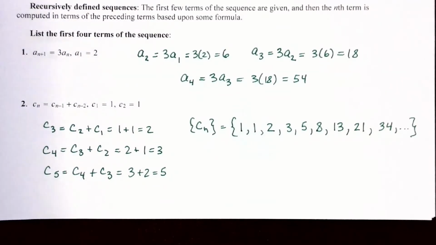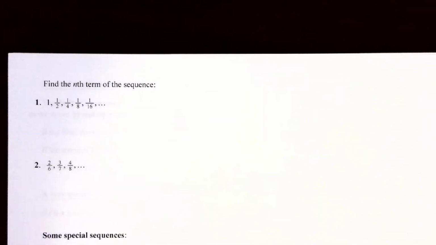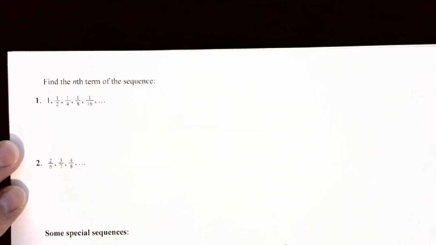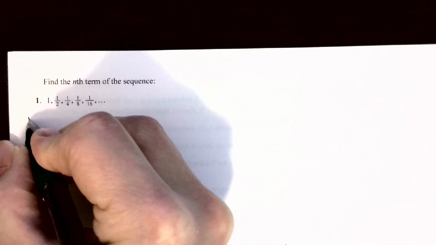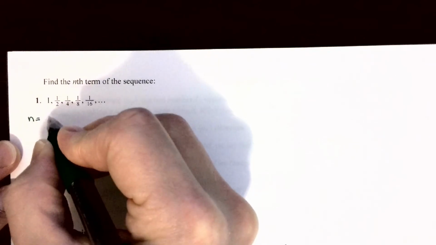Okay, another direction we would like to be able to go in with sequences is, given the terms of the sequence, you find the nth term. Okay, and so what we want to see is basically like this. Again, I'm going to start with n equal 1 first of all.